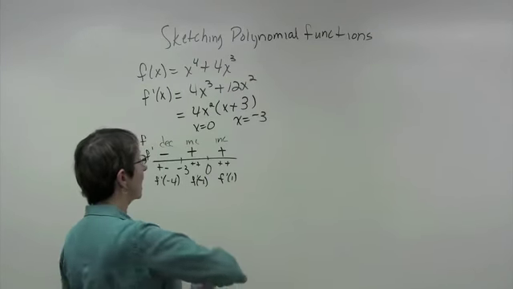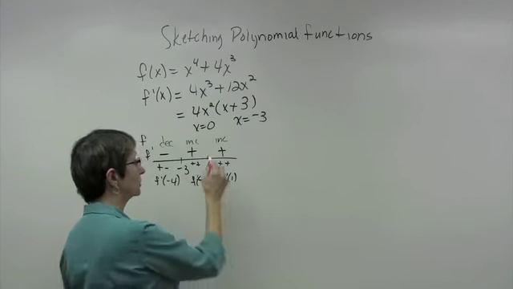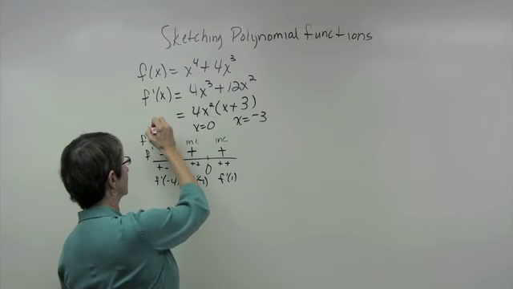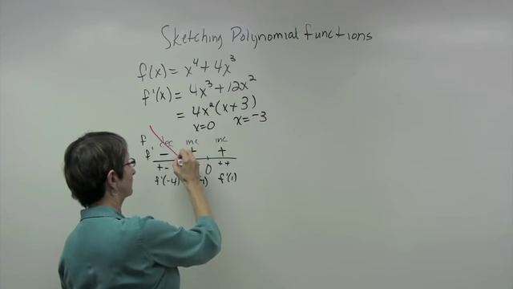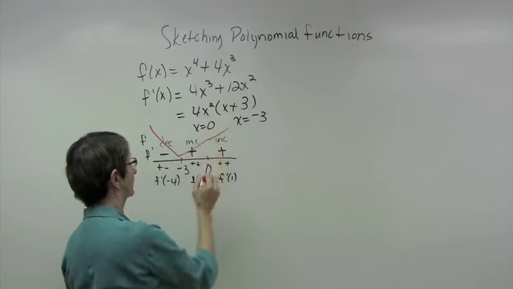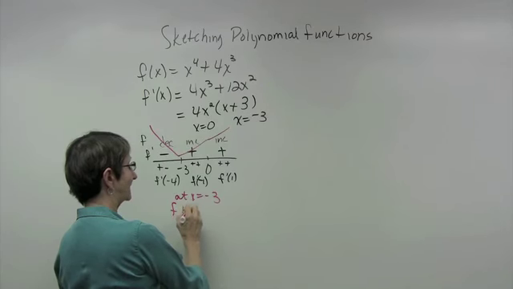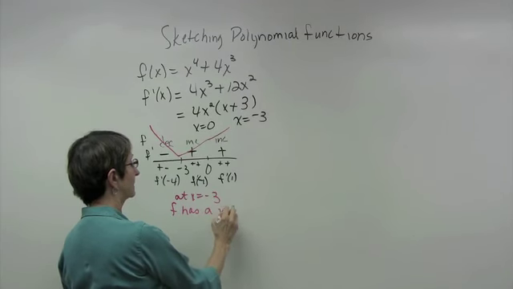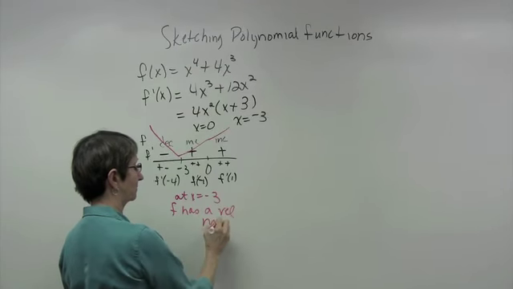So nothing particular that I can see happens at x equal to 0, but at x equal to negative 3, the function decreases to that point and then increases. So at x equals negative 3, f has a relative minimum.